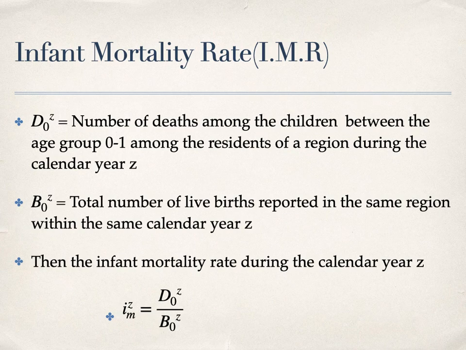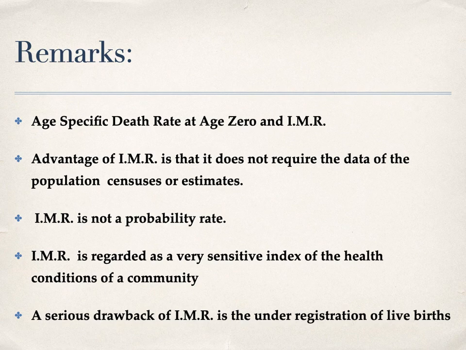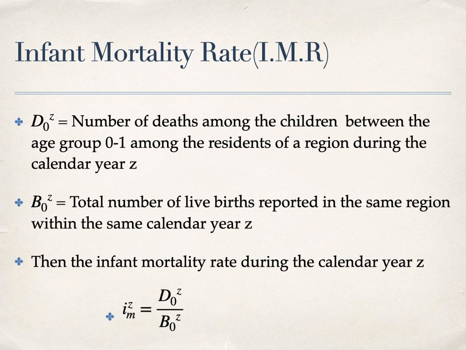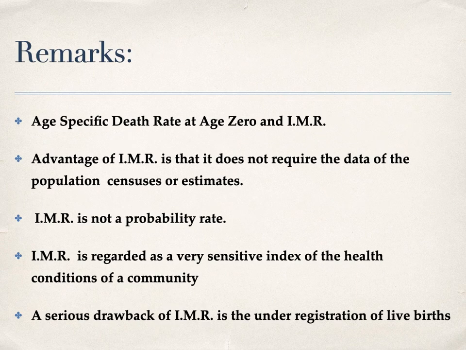But when we come to the denominator, for the age-specific death rate the denominator is different, and for the infant mortality rate, the denominator is the total number of live births that happened in the calendar year Z. So that is the difference between the age-specific death rate calculated at age 0 and the infant mortality rate.